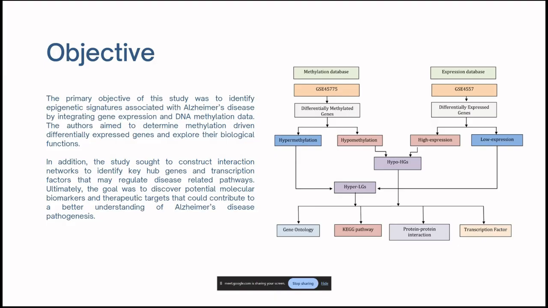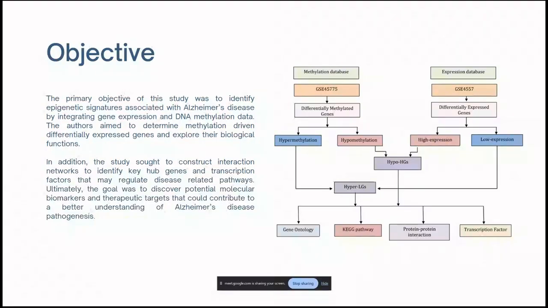Enrichment analysis and network analysis were done through pathway enrichment to see what biological processes these genes are involved in, and protein-protein interaction network to find key hub genes. Additionally, transcription factor analysis was conducted too to explore upstream regulatory elements that could influence the expression of these genes.